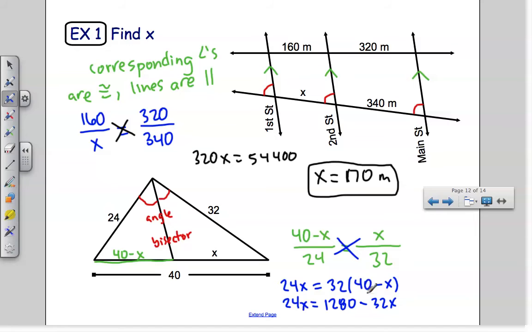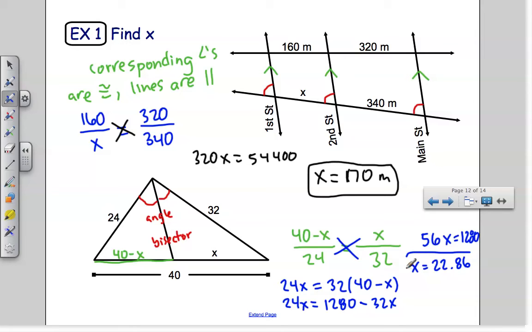And now I have x's on both sides, so I'm going to add 32x, get rid of it here, add 32x here. So 24 plus 32 would be 56x, equals that 1,280. So I will divide 1,280 by 56. And it looks like x equals 22 point, I'll go to two decimal places, 86.